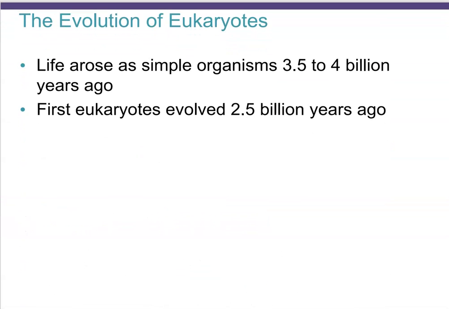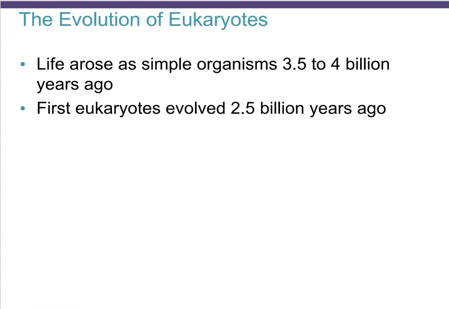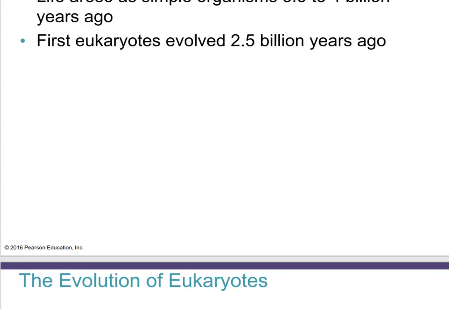Here is a little bit of how we think eukaryotes came about. We think that the first cells, of course, were simple prokaryotic cells, and the first cells arose around 3.5 to 4 billion years ago, and then the first eukaryotes about 2.5 billion years ago.